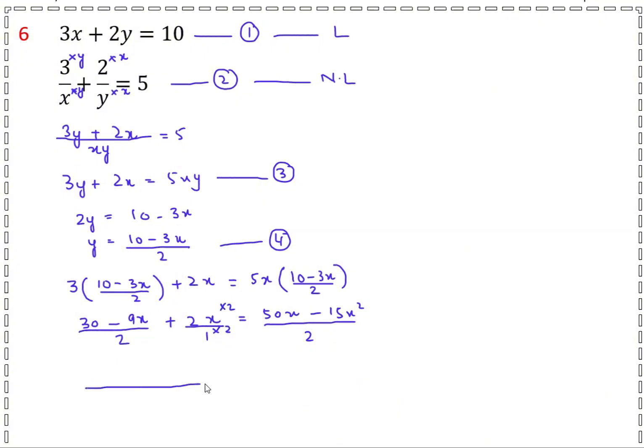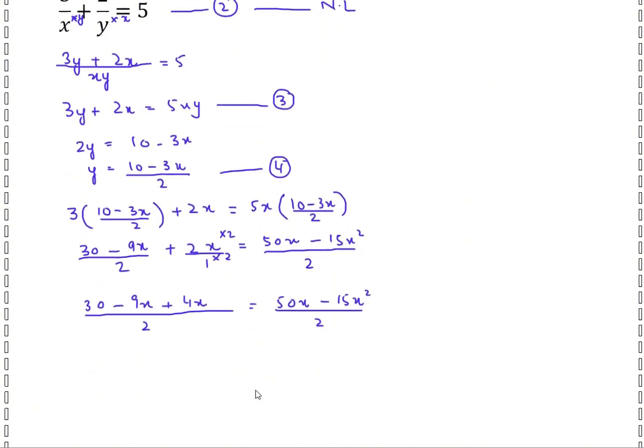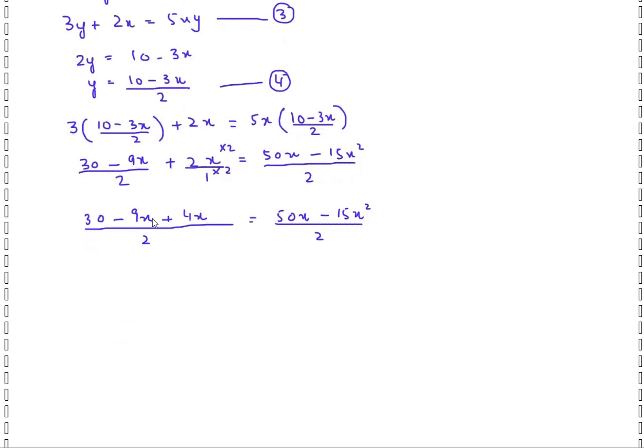This will become 30 minus 9x plus 4x is equal to 50x minus 15x squared upon 2. We can cancel out this 2 and this 2. We'll have 30 minus 5x is equal to 50x minus 15x squared.